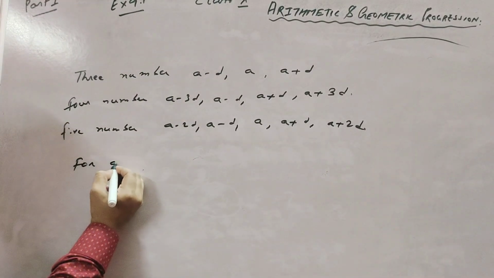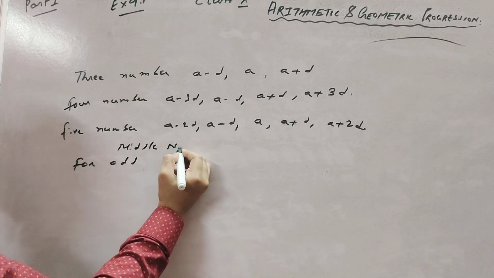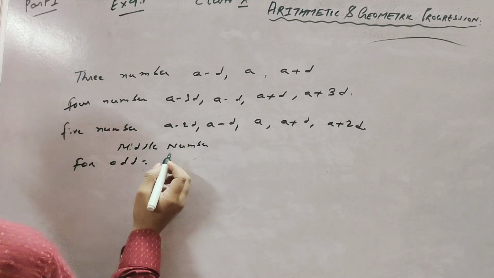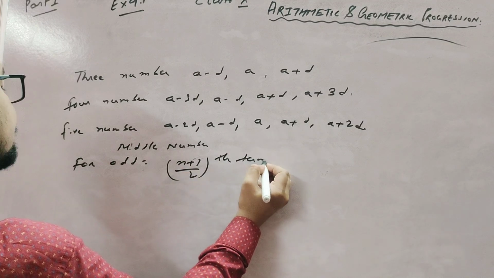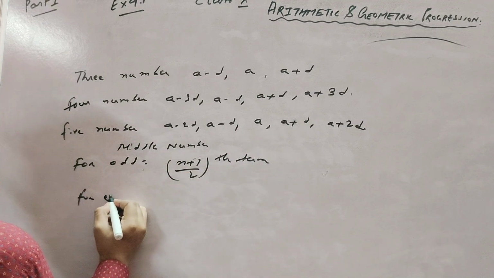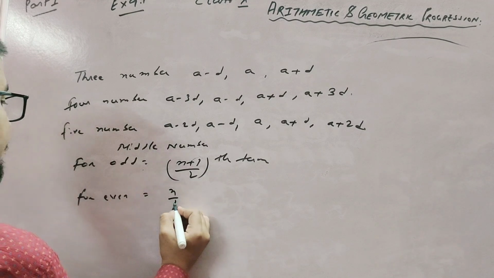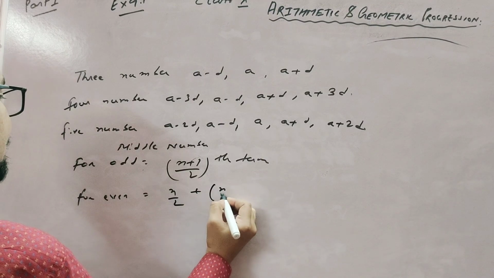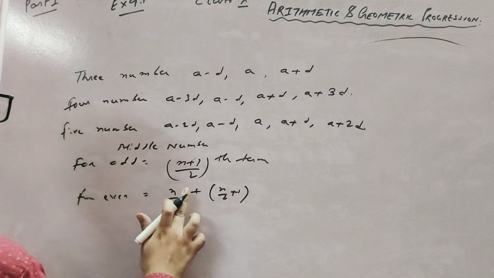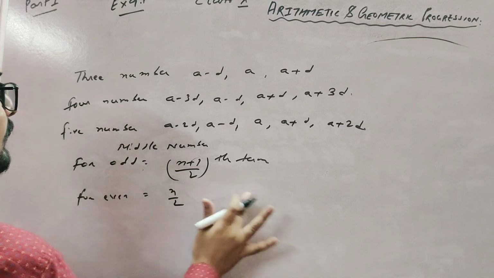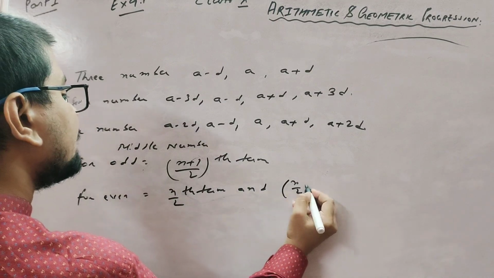for odd, I am talking about the middle number. For odd, the formula is the (n plus 1) by 2 term, and for even, the n by 2 term and the n by 2 plus 1 term.